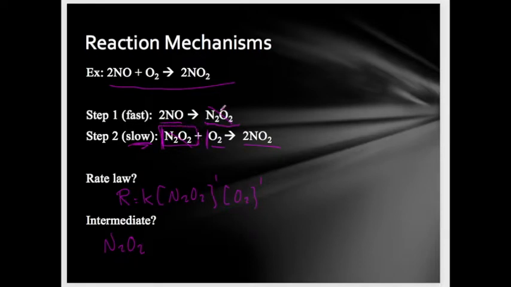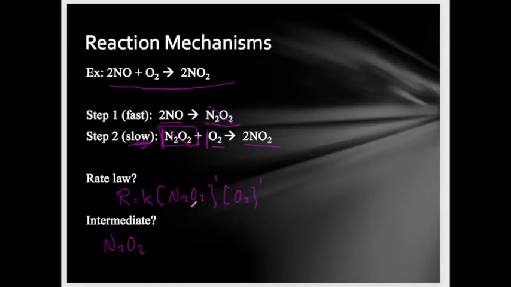It gets produced but then consumed away again and doesn't show up in the overall reaction. I don't want to write a rate law in terms of that. That's going to be a bad rate law. That's not going to help me. While it is technically correct because it is based on the slow rate determining step, I don't want to write this with an intermediate in it. Your rate laws that you get from reaction mechanisms should never have an intermediate.